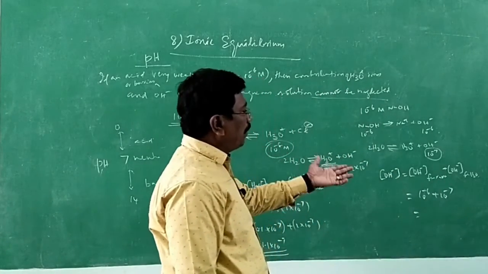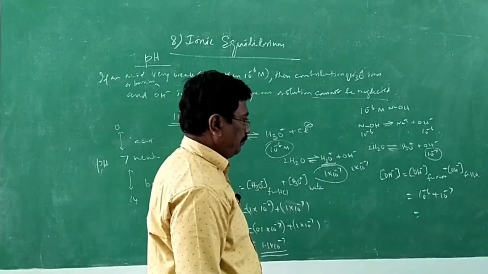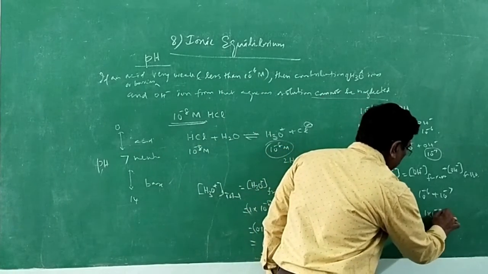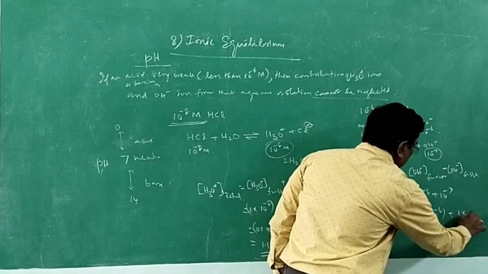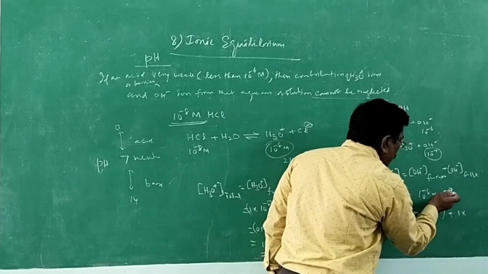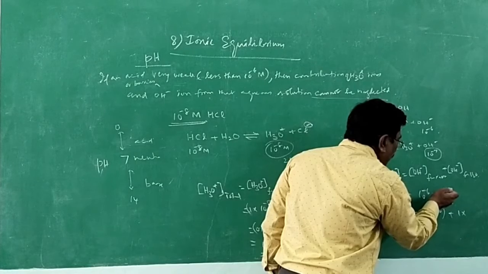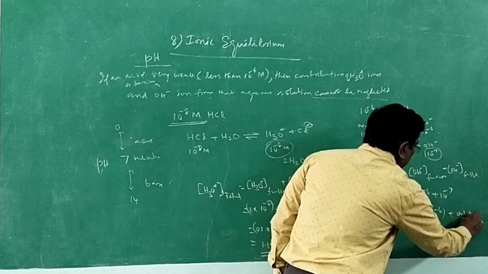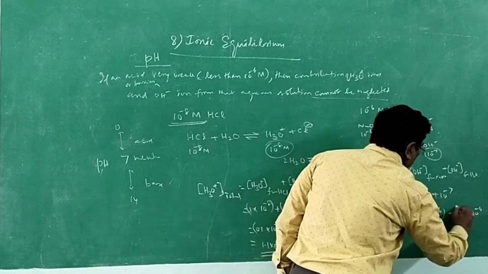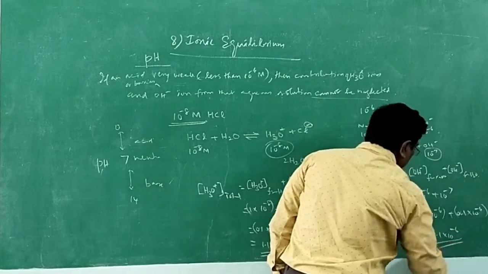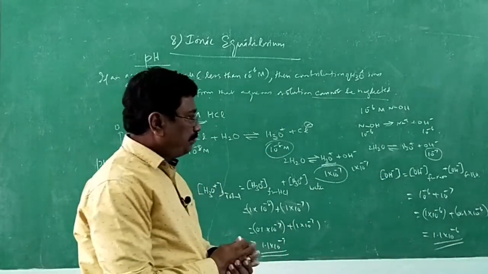Both can be made 10 power minus 6. 1 into 10 power minus 6 plus 1 into 10 power minus 7; I multiplied it by 10, therefore 1 has to be divided, 0.1 in 10 power minus 6, which is equal to 1.1 in 10 power minus 6. So this is how we get the value.